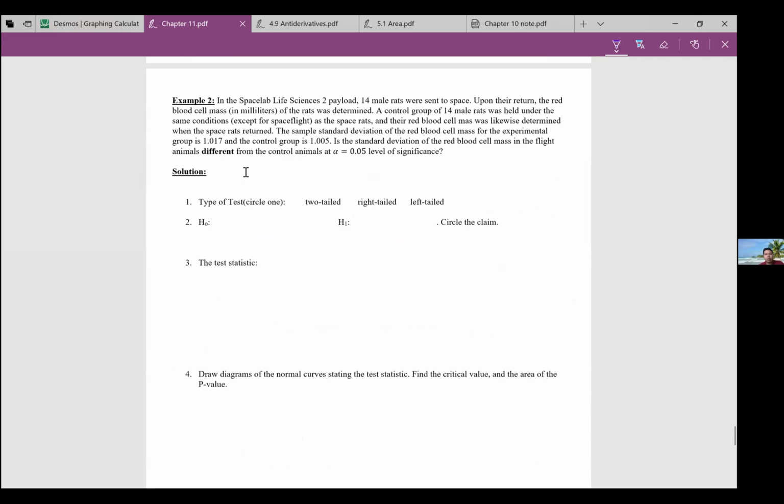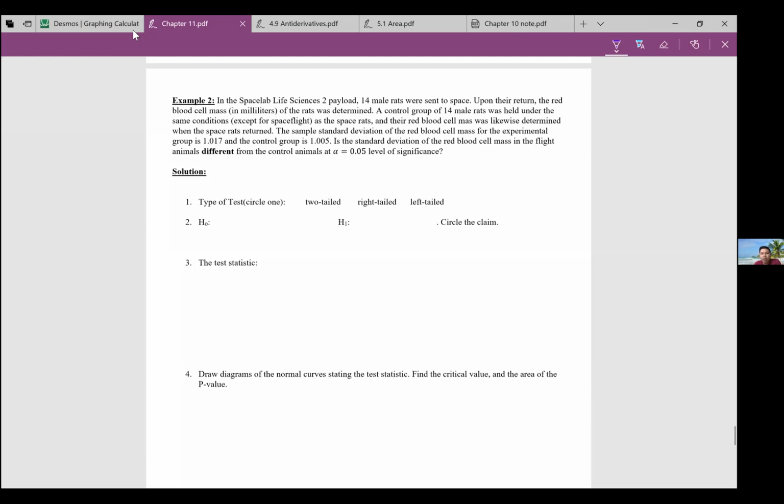Okay, in the Space Lab Life Sciences 2 payload, 14 male rats were sent to space. Upon their return, the red blood cell mass of the rats was determined. A control group of 14 male rats was held under the same conditions except for the space flight.